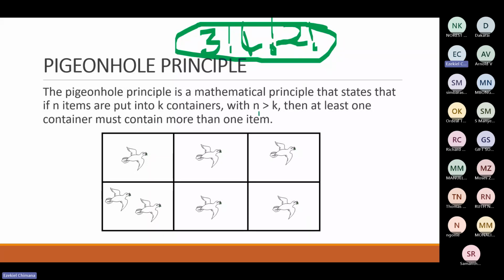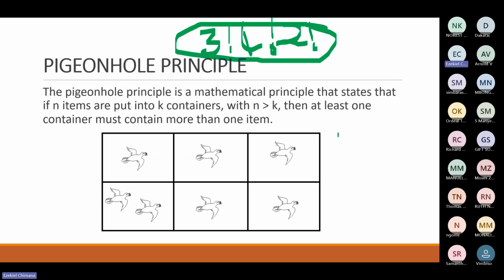So in other words, we've got K containers, and we've got n pigeons that we want to put into those containers. If the number of pigeons is more than the number of containers, you are always going to get a container which has more than one pigeon.